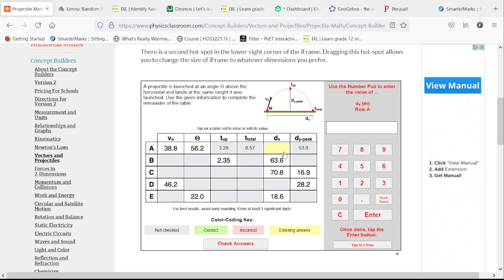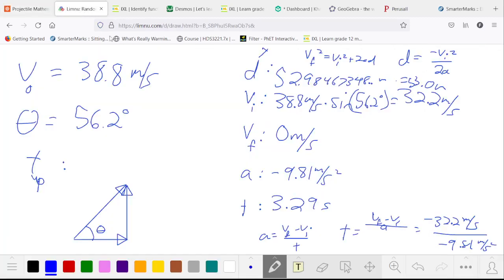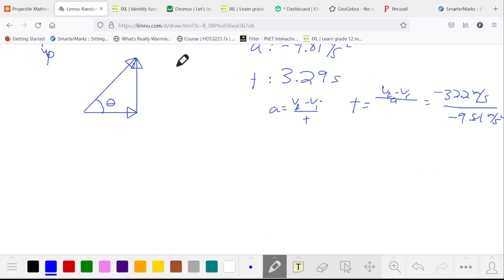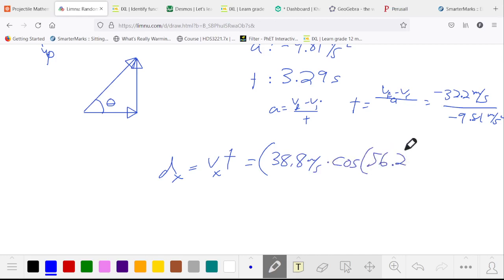So all we have left to solve for is the horizontal distance. That horizontal distance, our dx, is going to be our x velocity times the time. Our x velocity is our 38.8 meters per second times the cosine of 56.2 degrees.